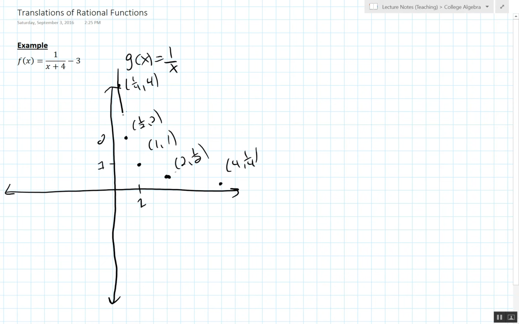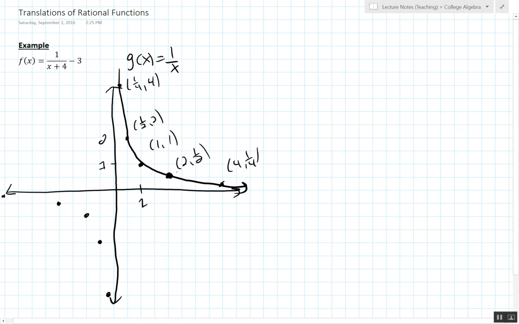Draw that in. And then we'll draw in the other points on the other side. So let's see, 3, 4. Then I'll label the points here. So we have -1, -1.